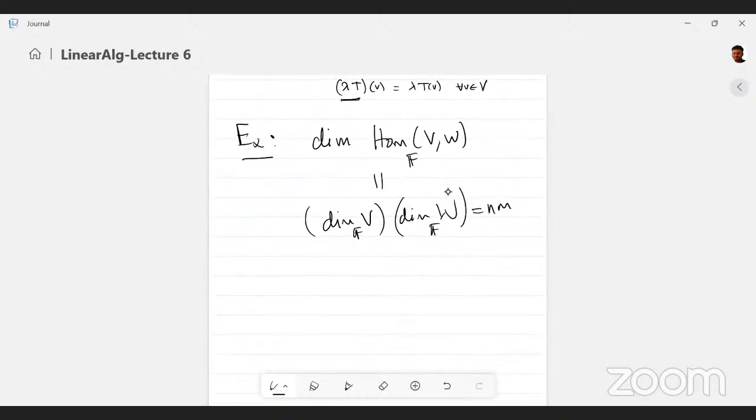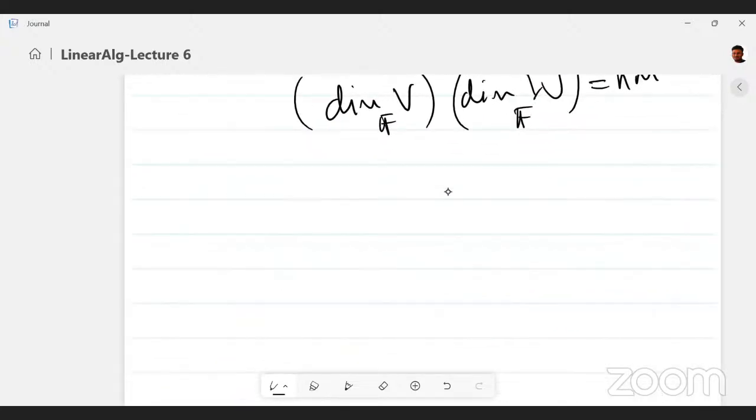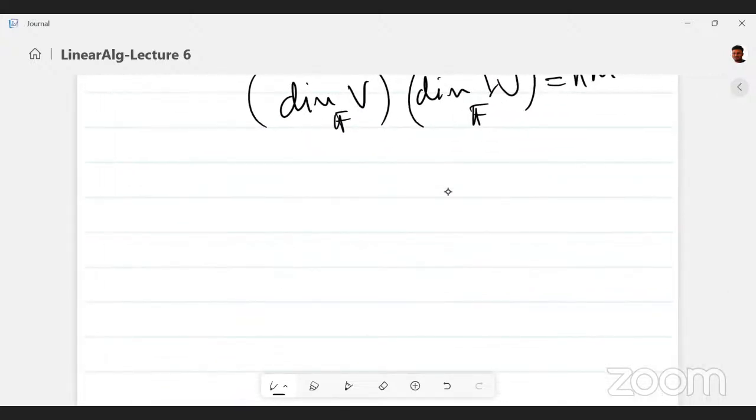So now you can actually define one very explicit linear isomorphism from this Hom(V, W) to the set of m by n matrices. You can verify this, so this exercise actually gives the earlier one.